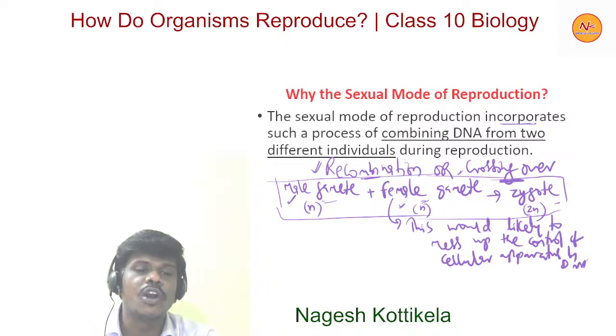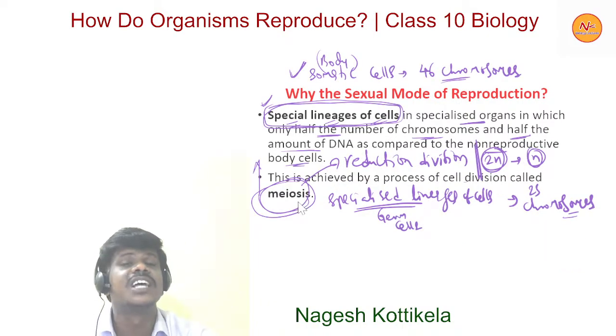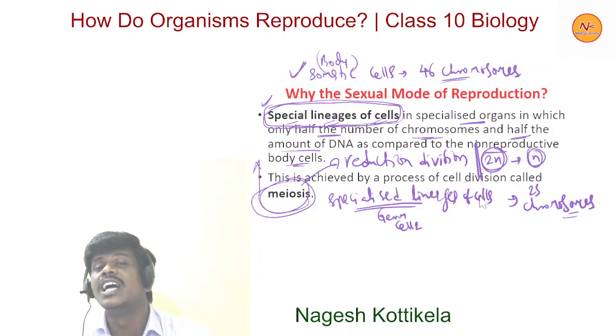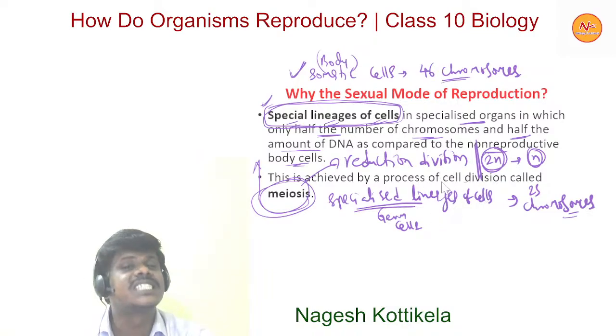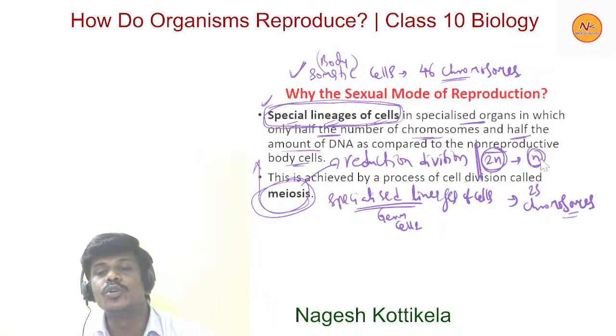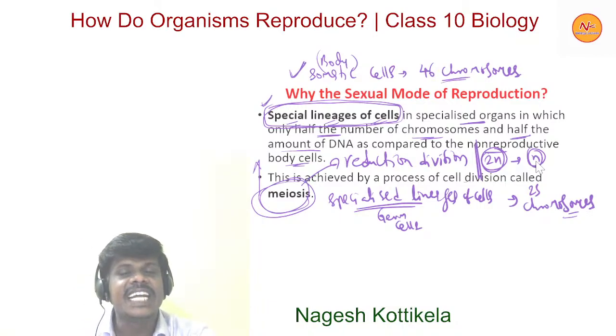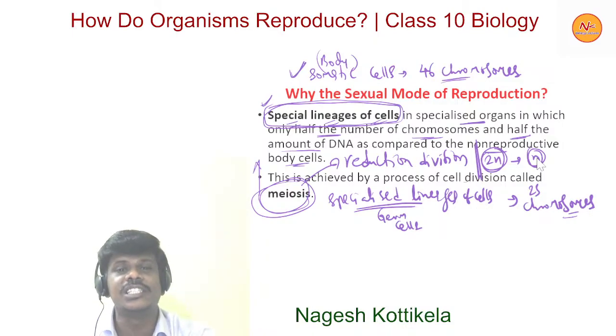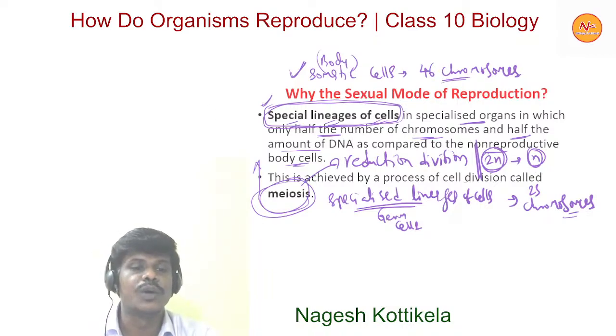That problem is solved by the meiosis process, found in specialized lineages of cells called reproductive cells. These cells undergo a reduction division in which diploid parent cells divide and produce haploid daughter cells, and thereby maintain a constant chromosome number in cells. So this is the solution to the problem created in sexual reproduction.